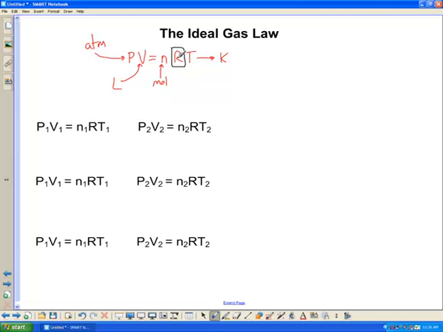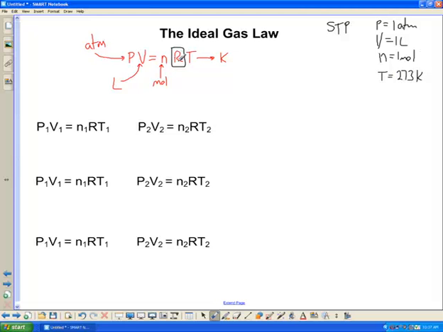If you were to solve for R, so take N and T and divide them underneath here, and you're under standard temperature and pressure conditions, where you had a pressure of 1 atmosphere, a volume of 1 liter, N equals 1 mole, and a temperature of 273 Kelvin, which is standard temperature.